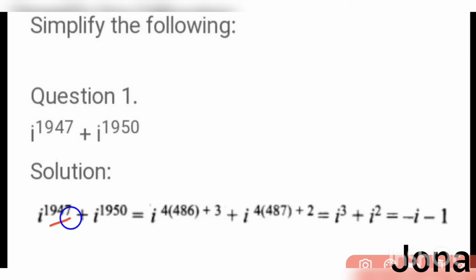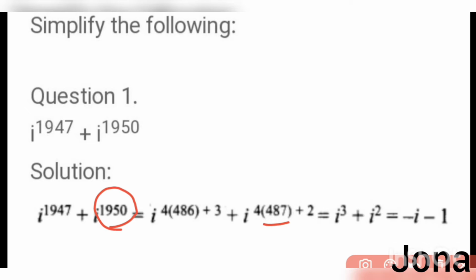So this i power 1947 can be written as 4 into 486 plus 3. If you multiply these two and add this 3, we get 1947. Similarly, I want to split this 1950 as 4 into 487 plus 2.